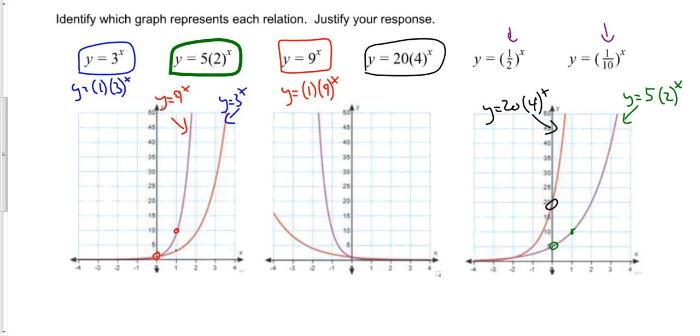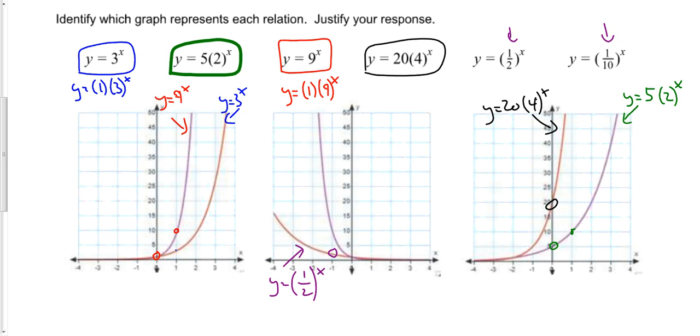If we do y equals 1/2 to the exponent negative 1, that is when y is equal to 2, because 1/2 to the exponent negative 1 is 2. Therefore, this red line here must be y equals 1/2 to the exponent x.